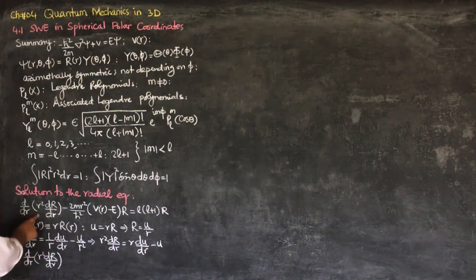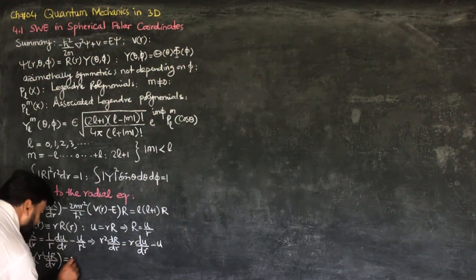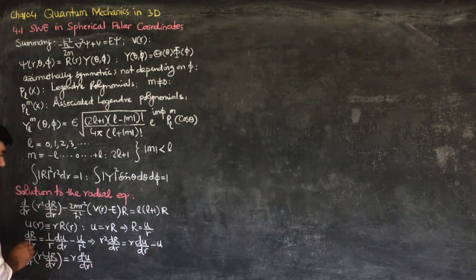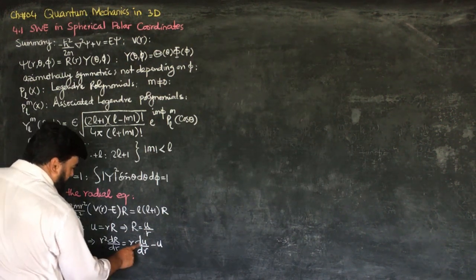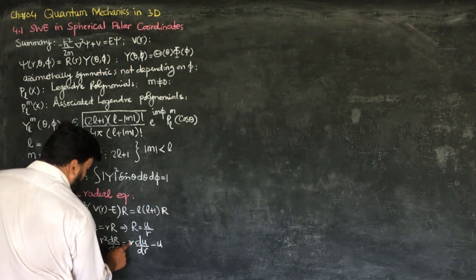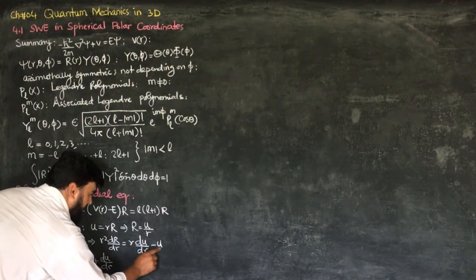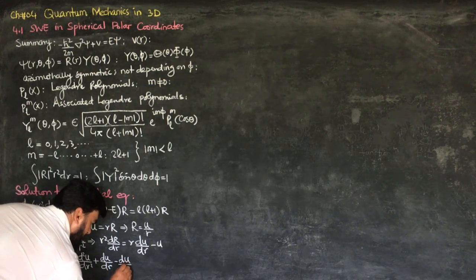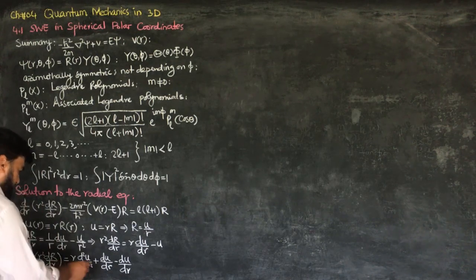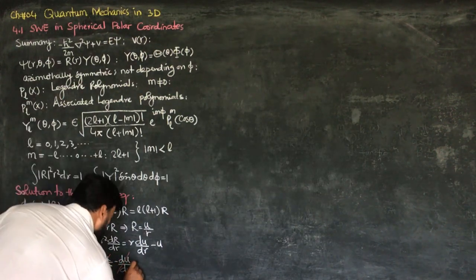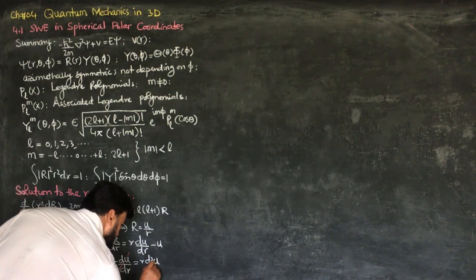I have generated this term here, and it equals the first function into the differential of the second, so r d²u/dr² plus du/dr, and then minus du/dr. These two cancel, and we are left with d/dr of (r² dR/dr) equal to r d²u/dr².